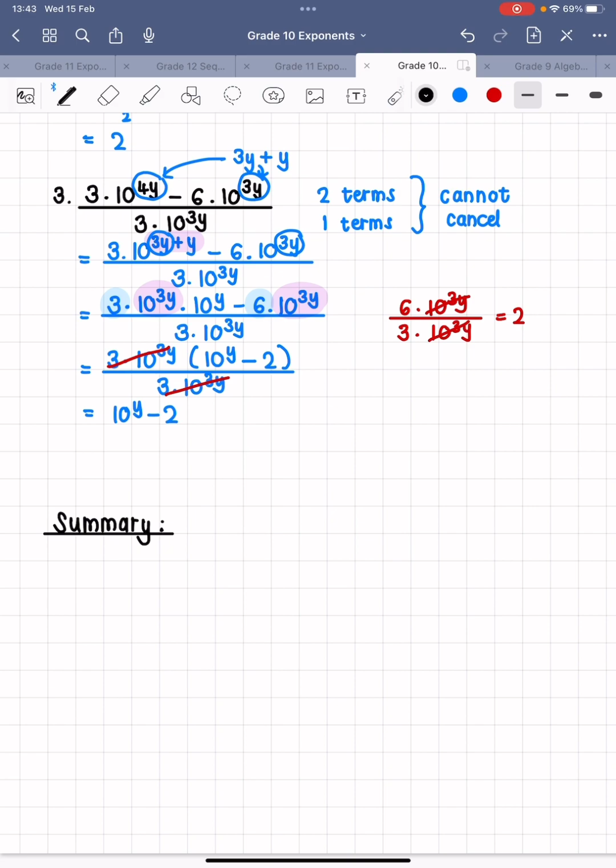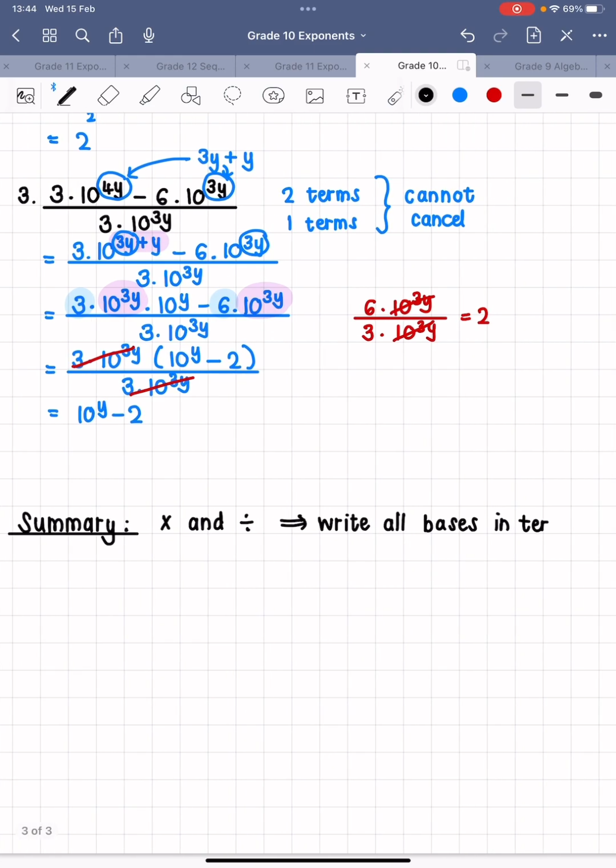So if you are multiplying and dividing, these are the ones that we did yesterday. Then you are going to write all bases in terms of their prime factors and then after you've done that, you are going to apply the laws of exponents.